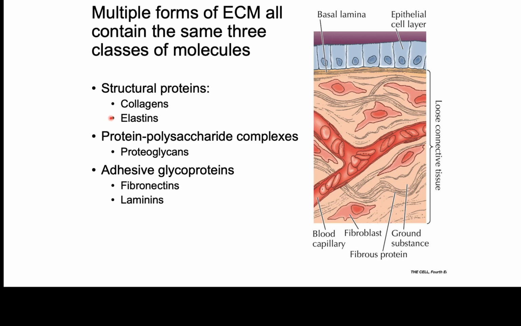There are also protein-carbohydrate, or polysaccharide, complexes. Proteoglycans play a really important role in these extracellular matrices. We'll also talk about different glycoproteins that help stick things together, either stick cells to the matrix or stick cells to each other.